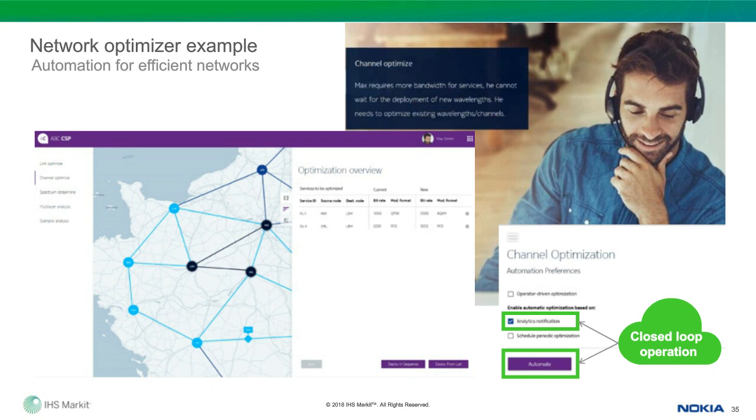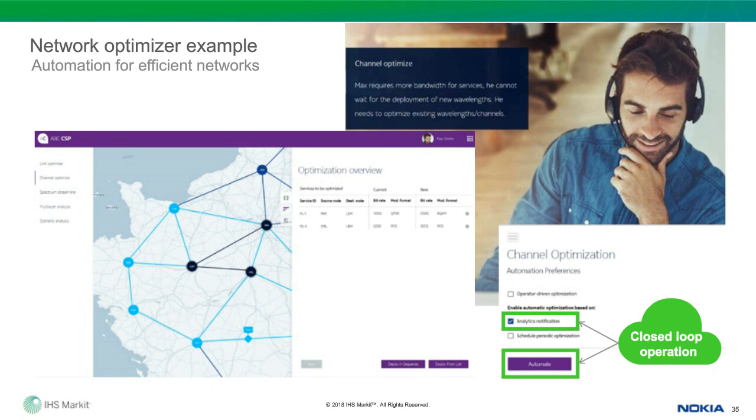One is a basic link optimization application tool that assures optimal optical link performance, and that's based on current and future optical transmission performance indicators. The one we're actually showing here is a channel optimization app, and that enables dynamic adjustment of programmable wavelength modulation formats.